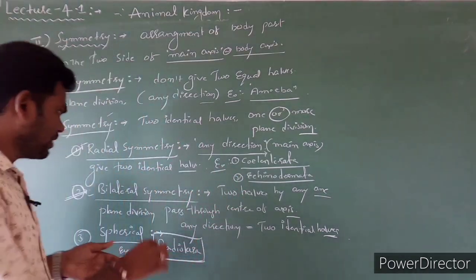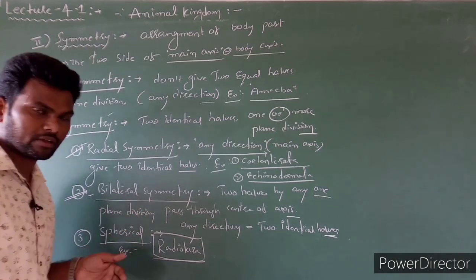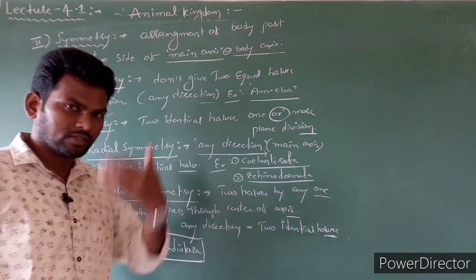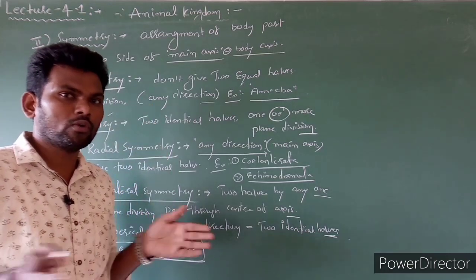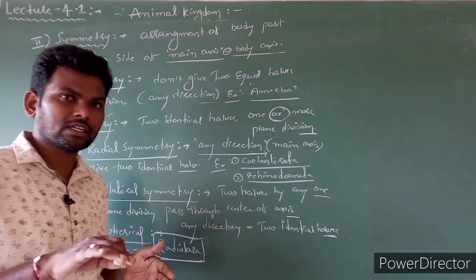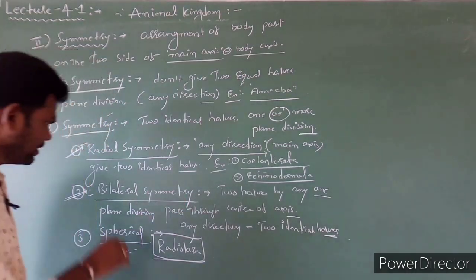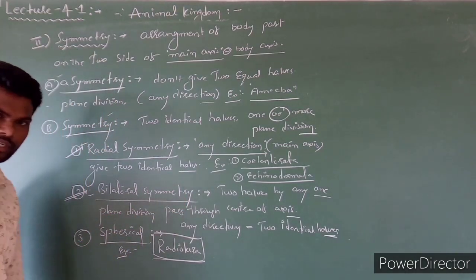Such is called bilateral symmetry. If you cut only longitudinally, that is vertically, it will give two equal halves. Horizontal cutting will not give two equal halves. Clear? So this is regarding bilateral symmetry.